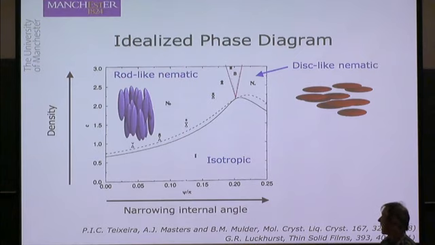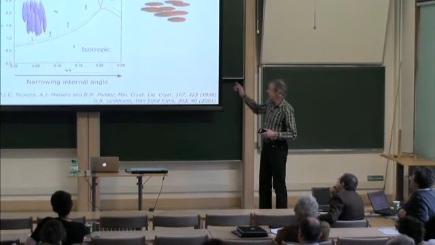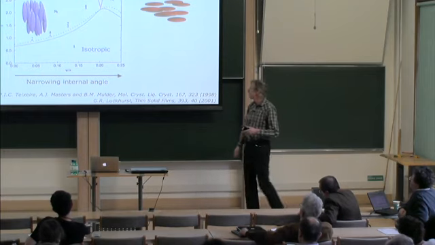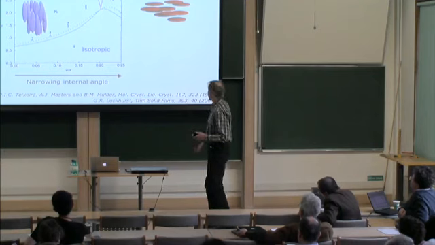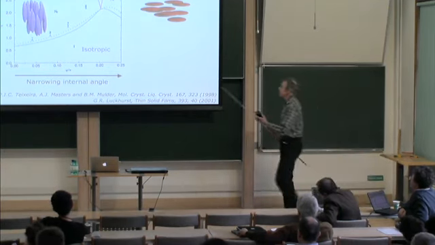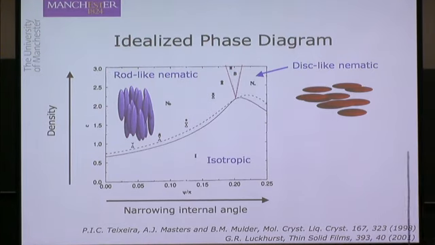The basic point is that you get a magic angle, which corresponds to about 110 degrees for this system. You should be able to get a direct transition from the isotropic to the biaxial phase. If you're off, then if you're lucky, you might be able to compress the system and go through a nematic phase and then hit the biaxial later on.